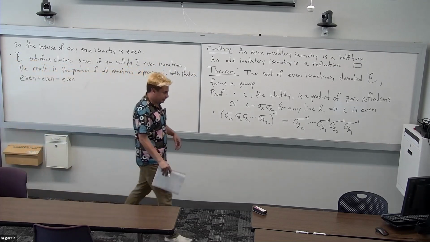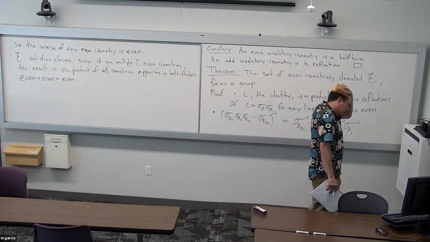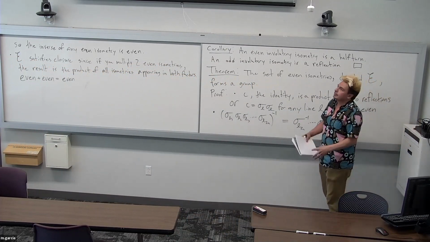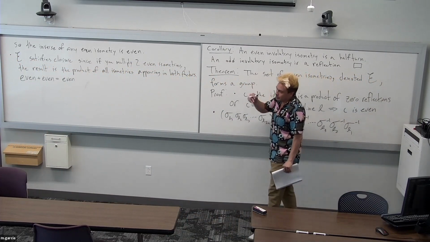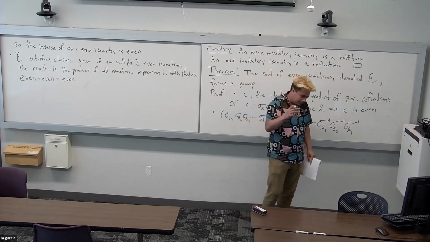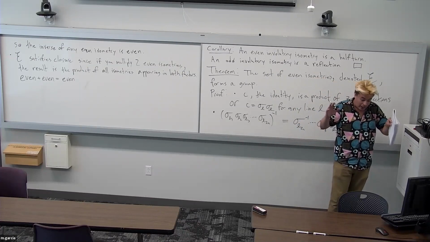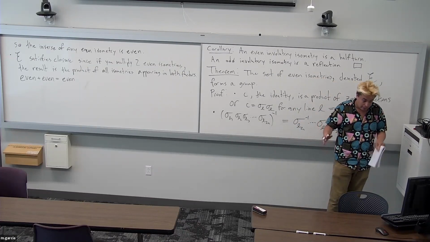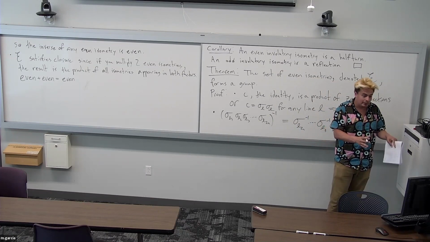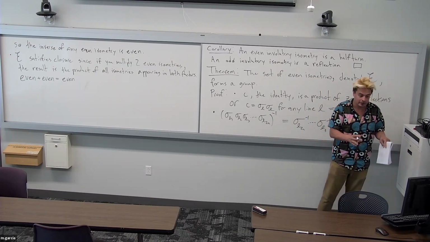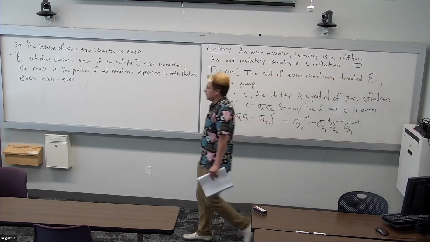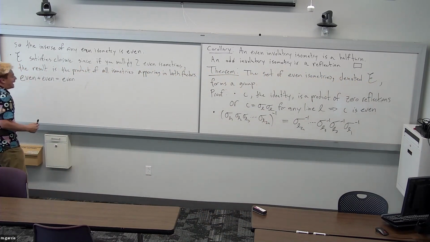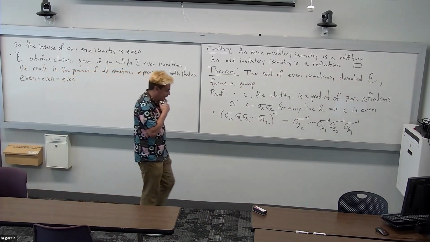So, in other words, the product of the two isometries we start with will be the product of however many reflections the first isometry was a product of, plus however many reflections the second isometry was a product of, right? So we're just adding two even numbers, which gives us an even number.